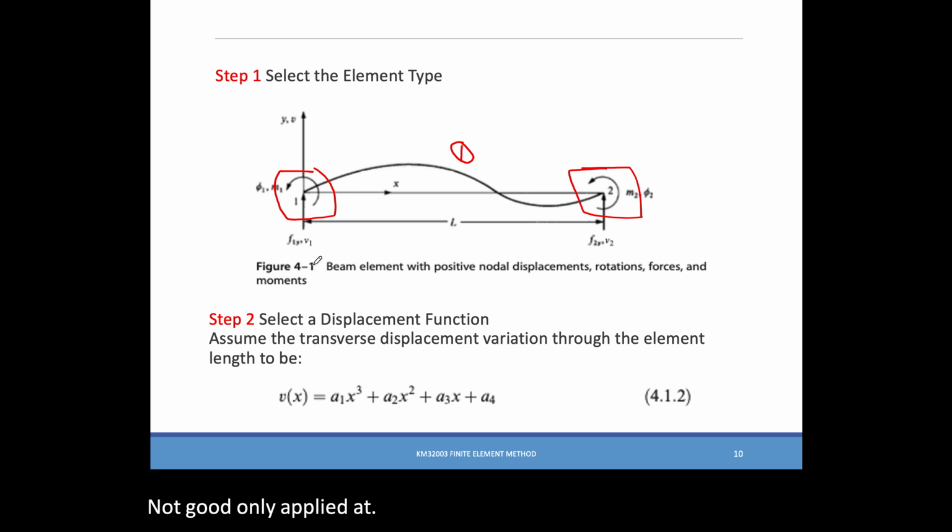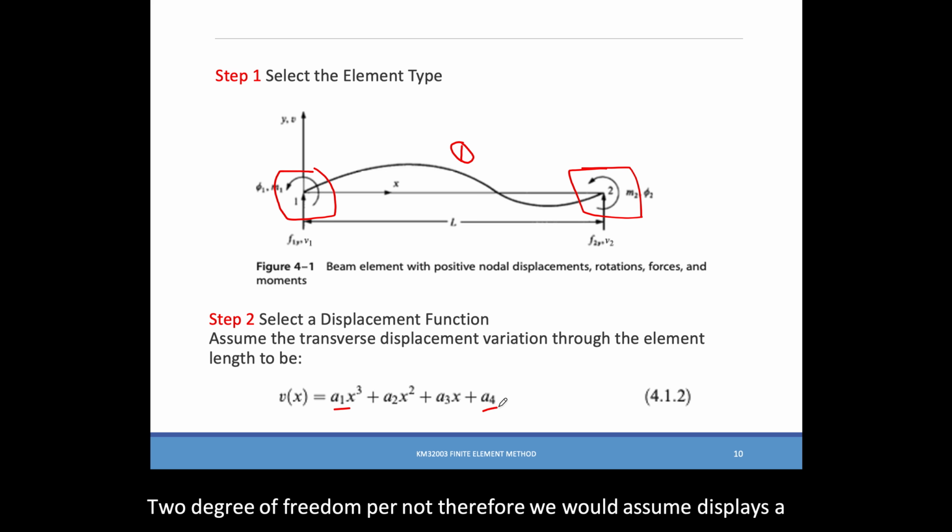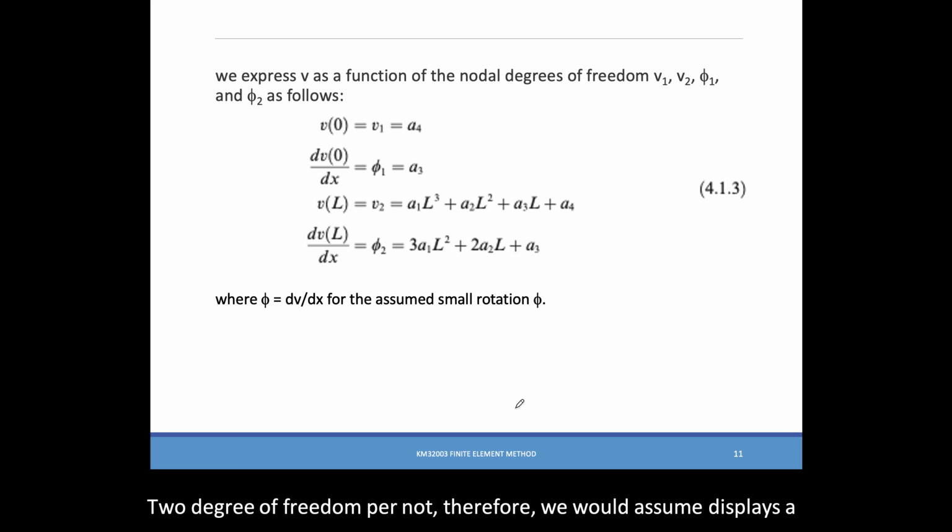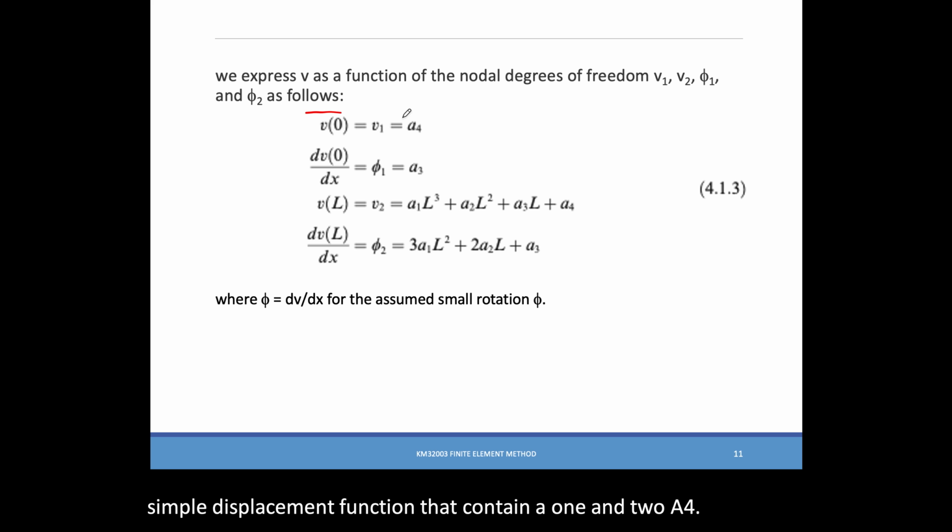Since we have 2 degrees of freedom per node, we would assume a simple displacement function that contains a1 until a4. So we will express them accordingly and form these relationships.